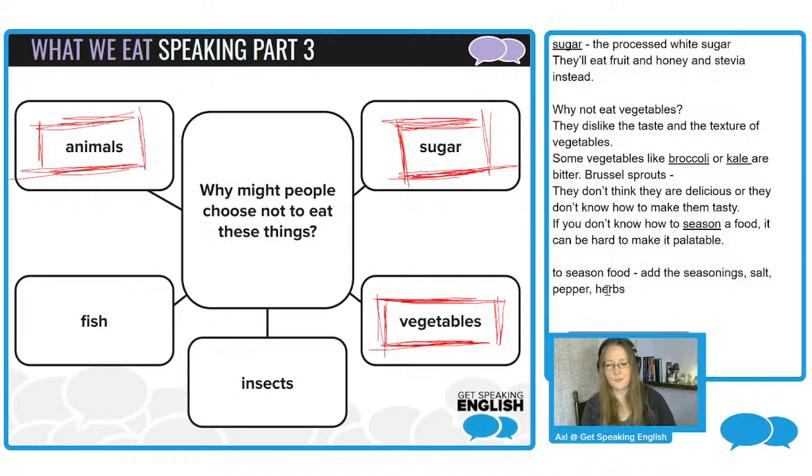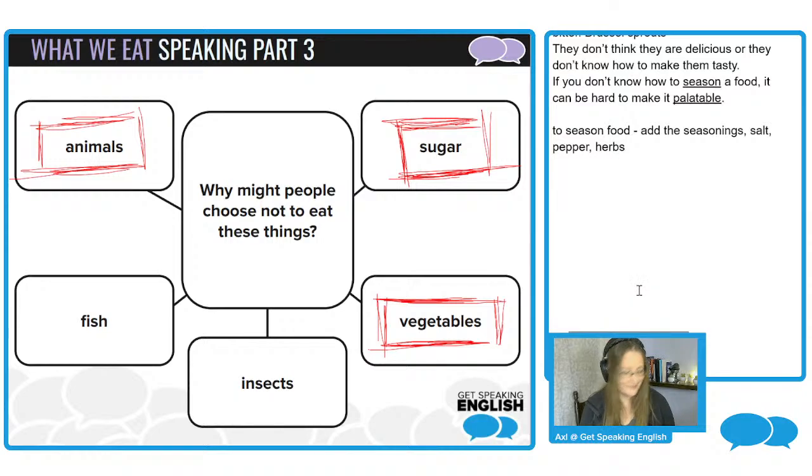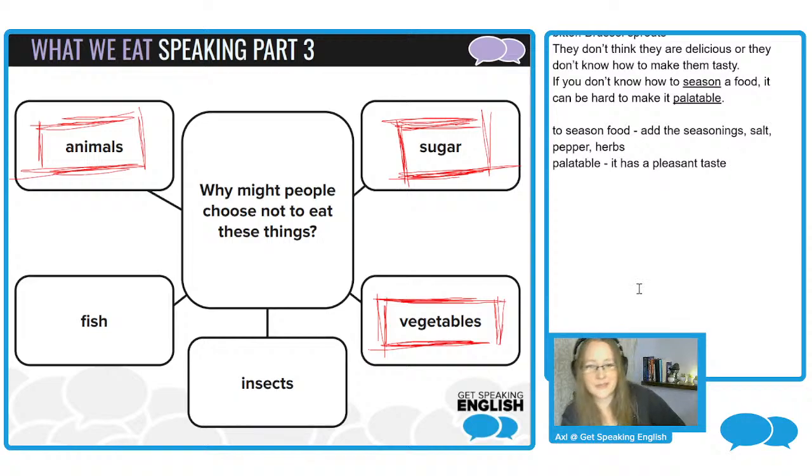Herbs or herbs, depending on your accent, but I say herbs with a hard H. Another interesting word here: palatable. Basically a way to say that something has a pleasant taste. So that's a really good word.